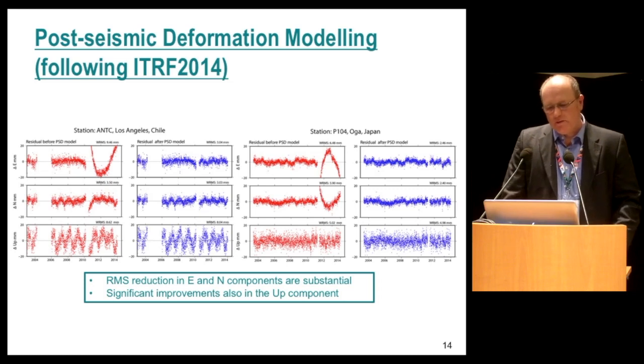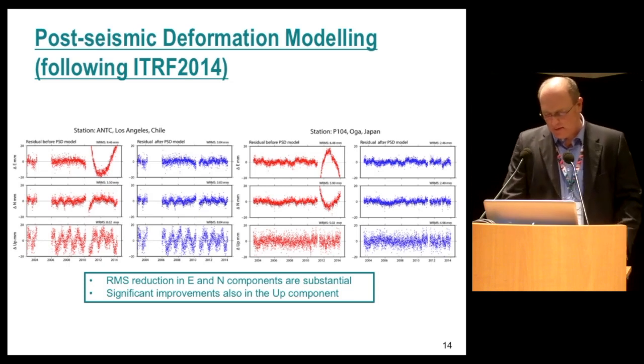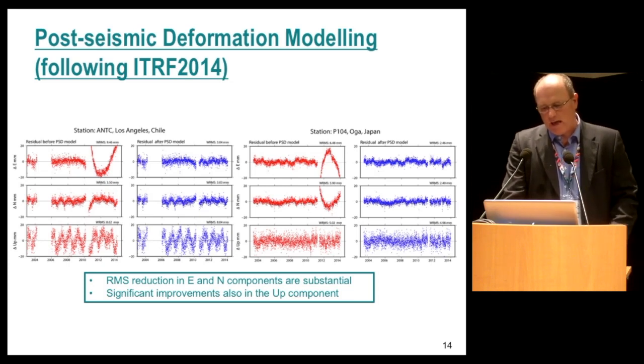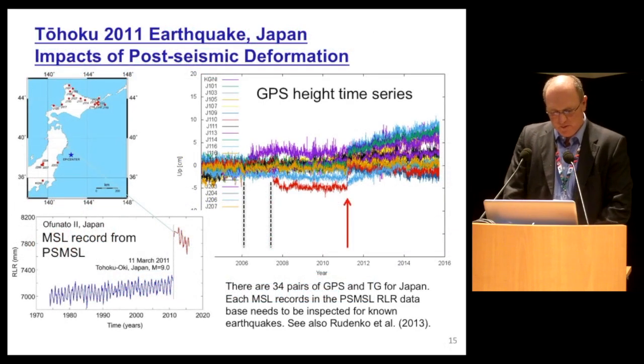When we're talking about sea level, it's not just the GPS time series that has an offset. If we want to apply this whole vertical land motion thing to the sea level change, of course, we also need to apply it to the sea level time series themselves.